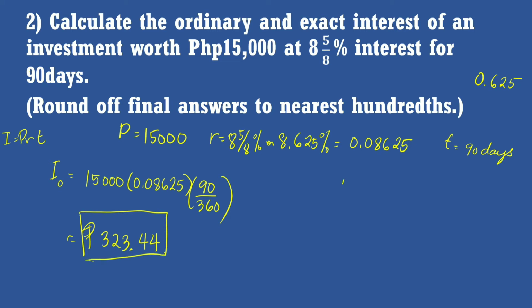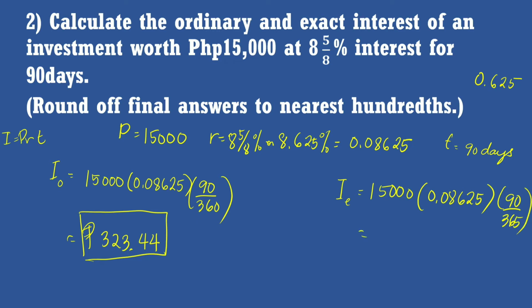Now, exact interest will just have a different divisor for 90. So, that's still 15,000 times 0.08625 multiplied by 90 over 365.